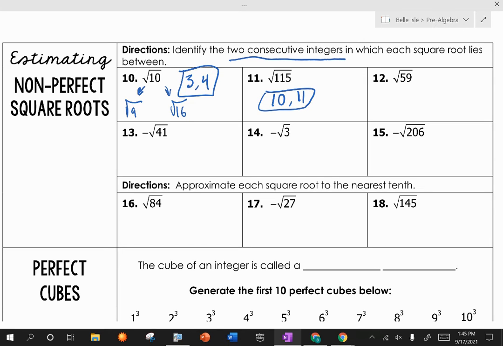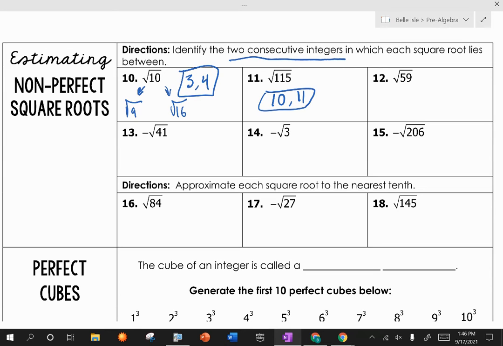Sophia, go ahead. So if you're on number 12 and you got 10 for 11, would it just be the next number over that would be your second one? On either side, yes. So if you picked 10, it could be 9 or it could be 11. We have to make sure we know which side. But yes, because we're picking two consecutive integers.